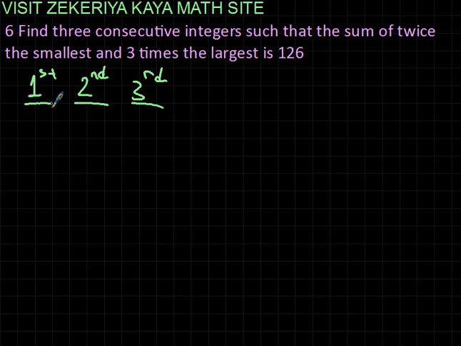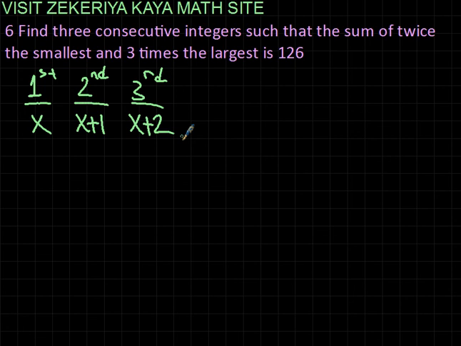So, how do we increase them? Plus 1 and plus 1. If I name the first one as x, the next will be x plus 1 and the next will be x plus 2. We add 1 to each number to get the next.